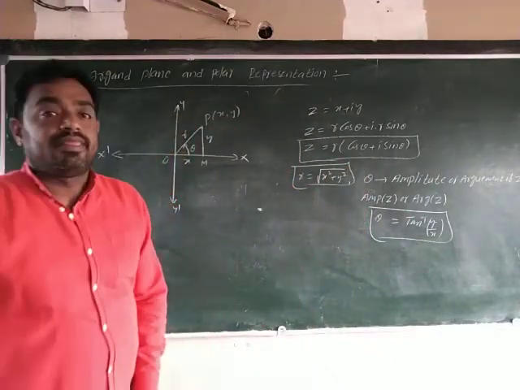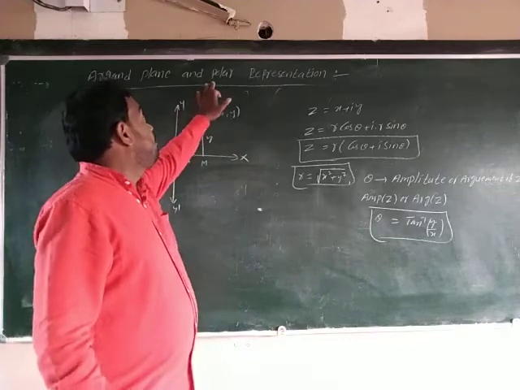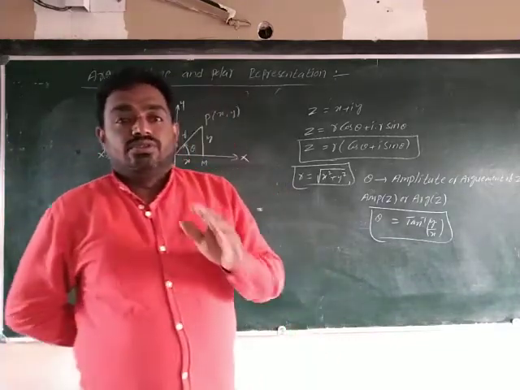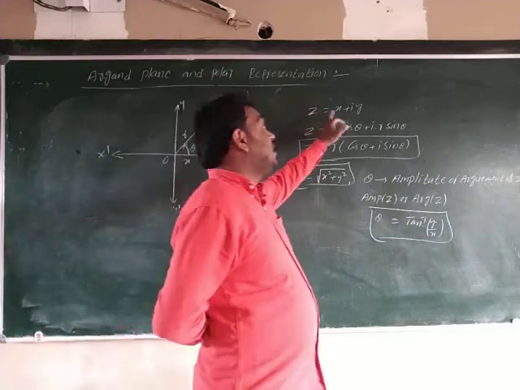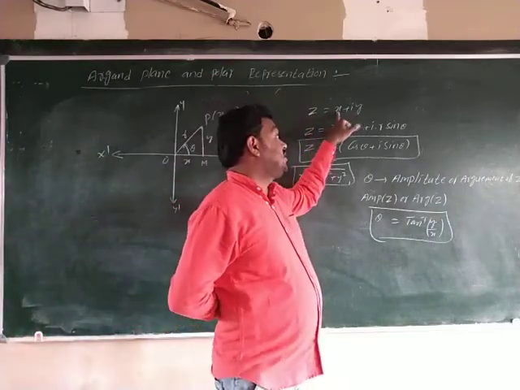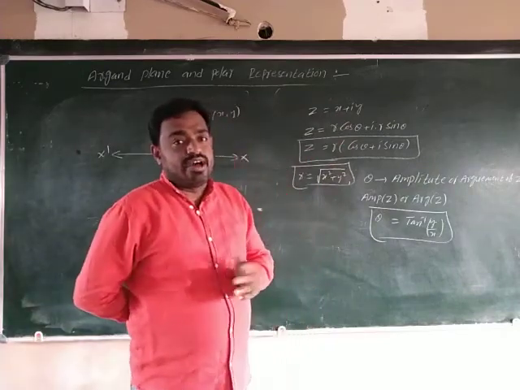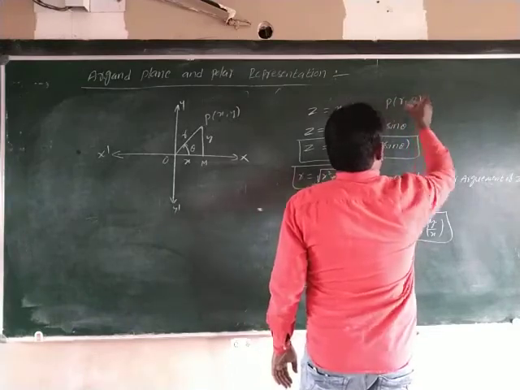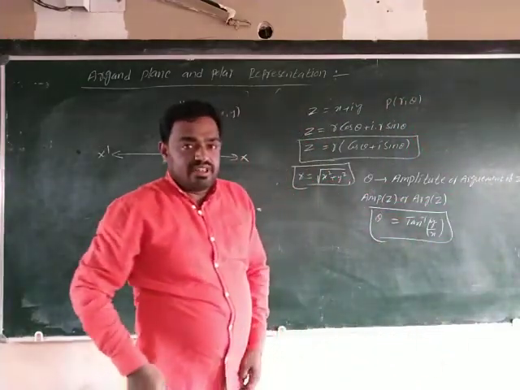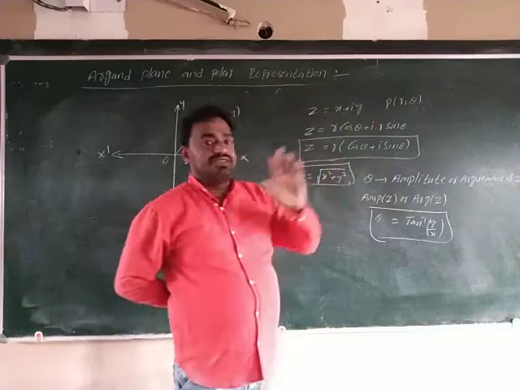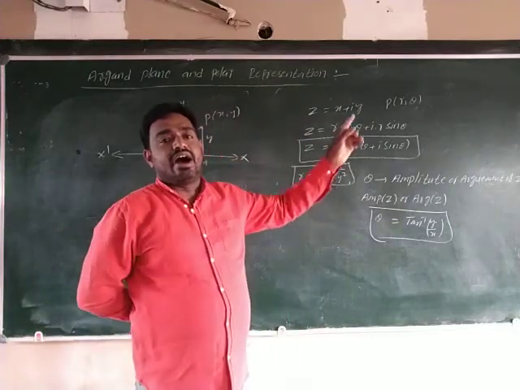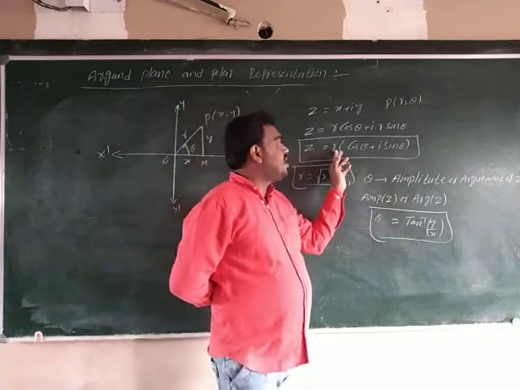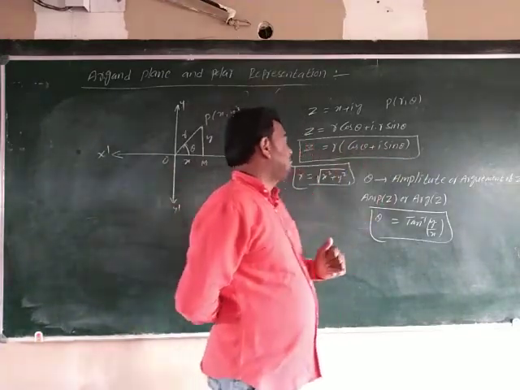Now, what is the polar representation of a complex number? Corresponding to the complex number x plus iy, the polar representation is in the form of P(r, theta). That means the polar form: we are representing (x, y) as a function of r and theta, as z is equal to r into (cos theta plus i sin theta).